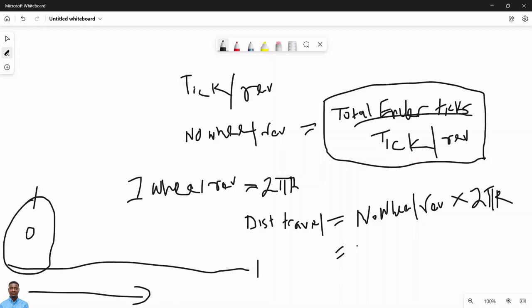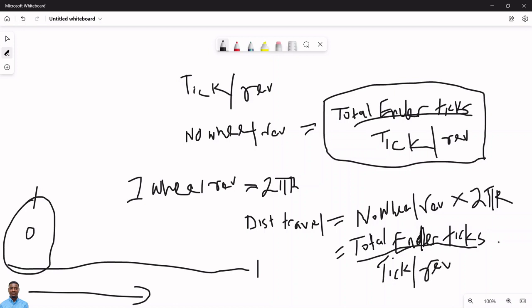So the distance traveled by the wheel will now be the total encoder ticks divided by ticks per revolution, which will be given by the manufacturer in this case, multiplied by the 2 pi r.